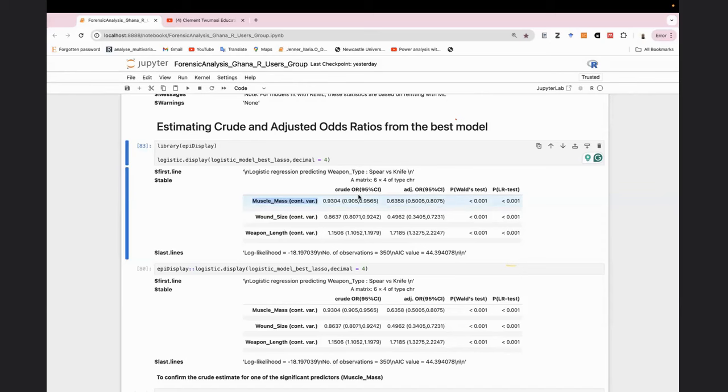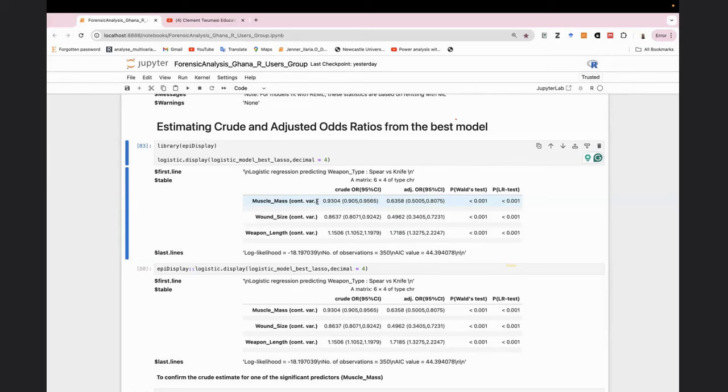So what I'm saying is that those whose muscle mass is higher would have a lower probability of using a spear than if their muscle mass was lower.